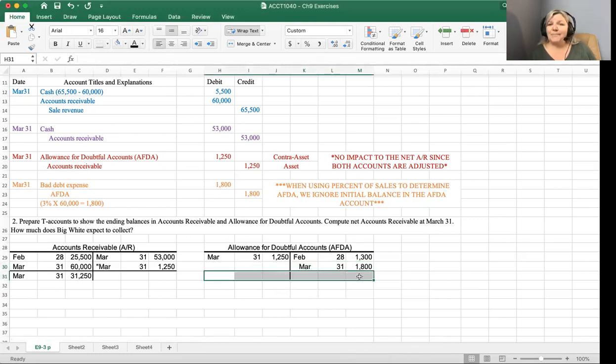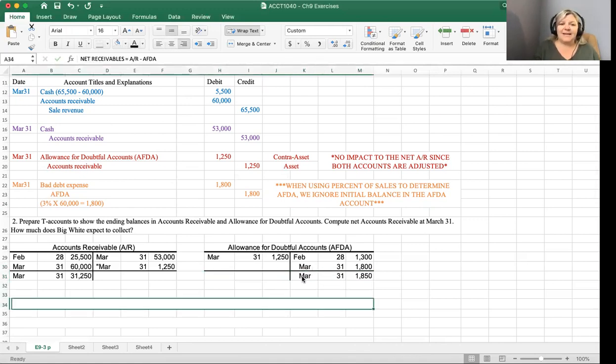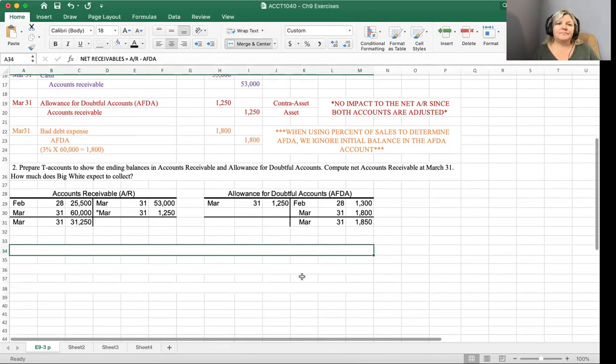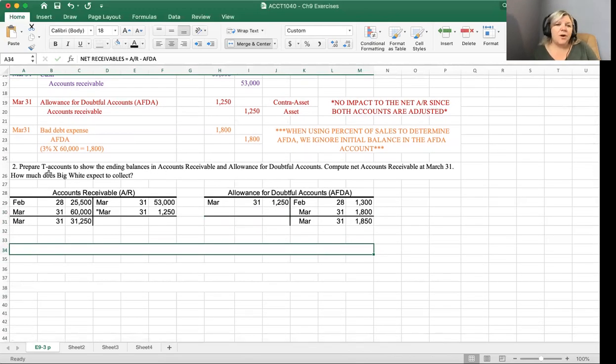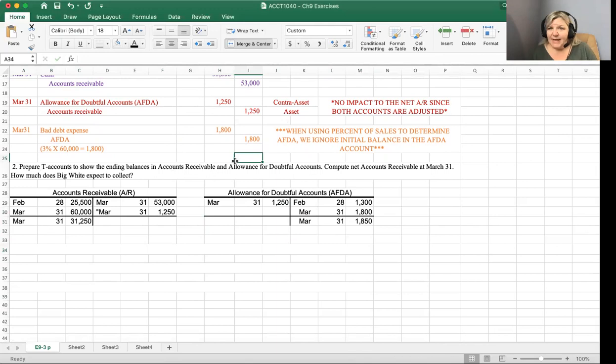We're going to add up our credits, take away our debits, giving us a net credit amount at March 31st of $1,850. So we've done the first thing. We've prepared T accounts showing ending balances in accounts receivable and allowance for doubtful accounts.